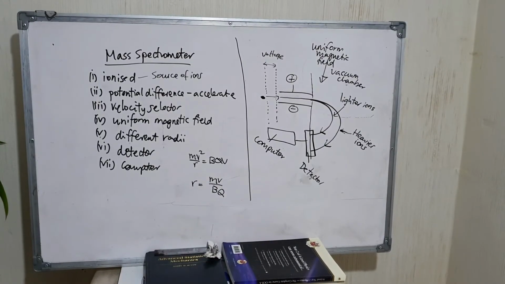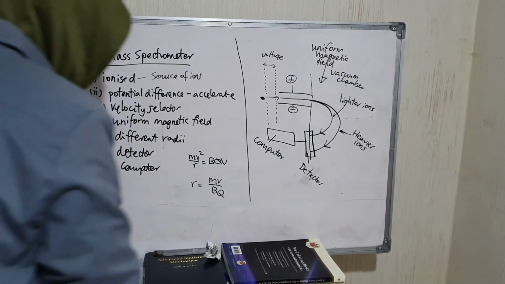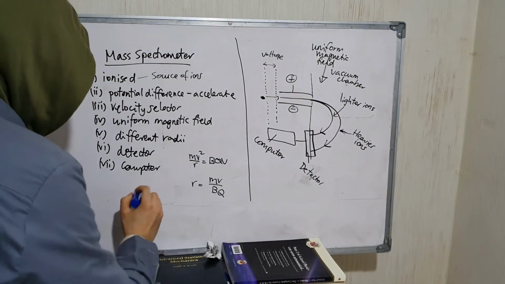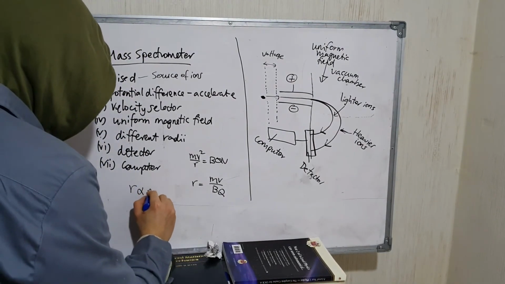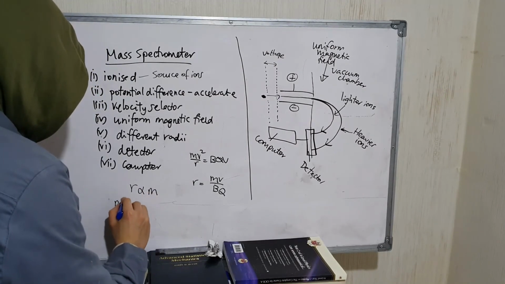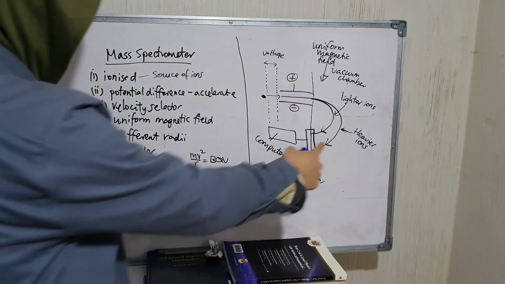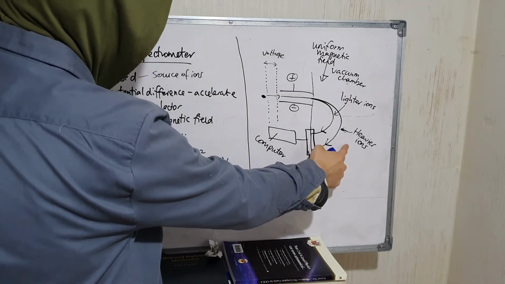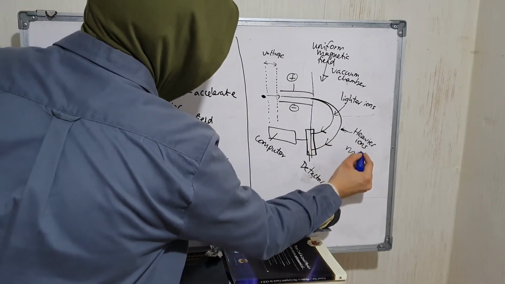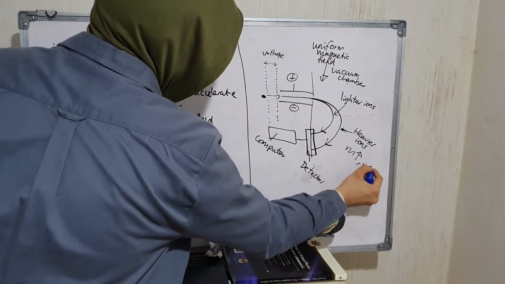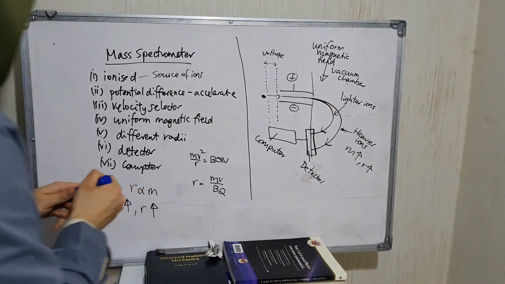So the bigger the mass, the bigger the radius, because r is proportional to m. If m is massive, then r is massive. Here you've got heavier ions, so m is high, and therefore r is high.